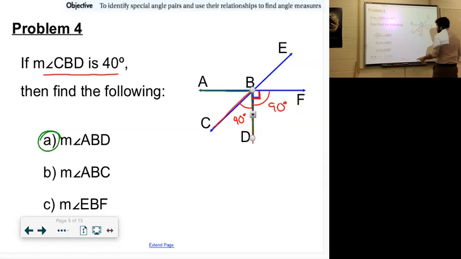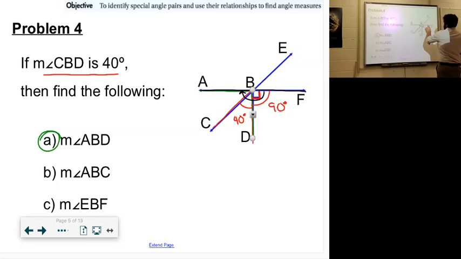In addition to that, the line right here, AB, that's a straight angle as well, right? So this angle from here all the way to there measures 180 degrees.